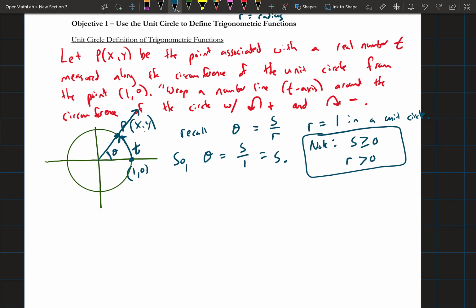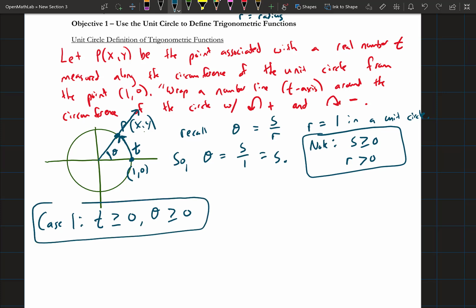So then, if we think about this logically, there's really two cases that can occur. One case is when t is positive, and we'll just include the 0 case in with the positive case. So if t is greater than or equal to 0, well, what we know about theta is that theta will also be greater than or equal to 0.